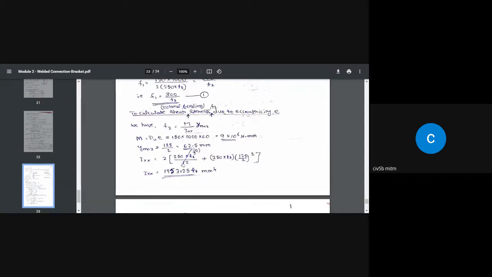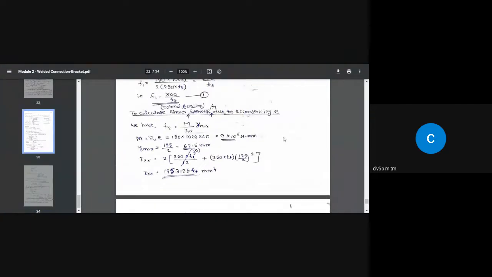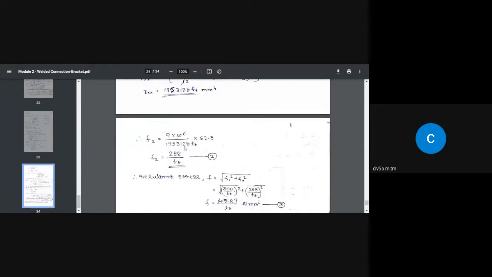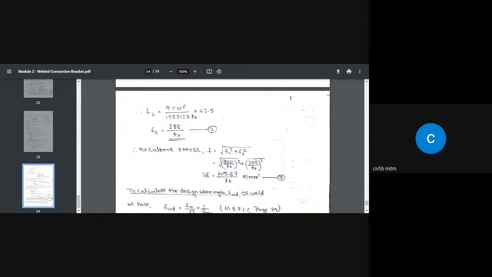As usual, we ignore this part. And I got this value of IXX equal to this in terms of TT. By substituting all the values in this equation, I got the value of F2 equal to 288 divided by TT. And we have this formula, and we got the resulting stress in the weld, which is maximum.